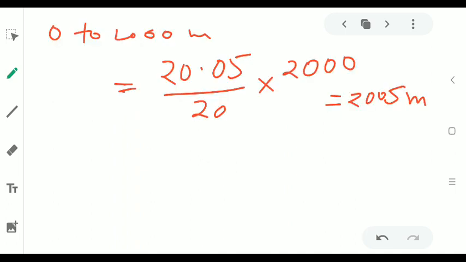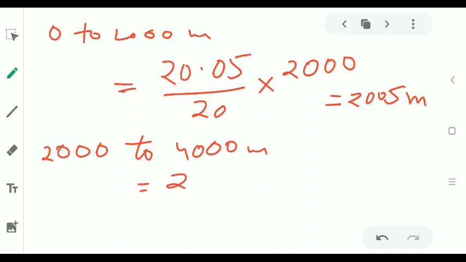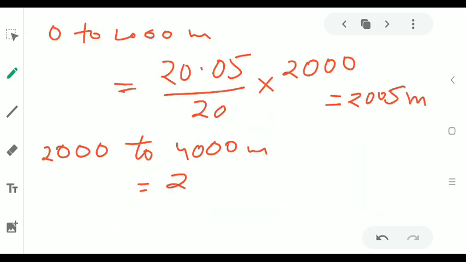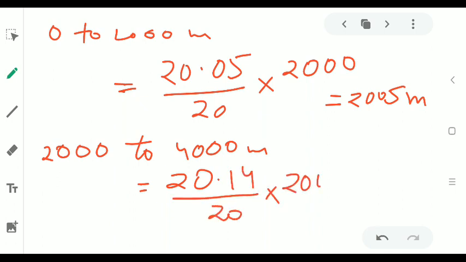Now taking the value from 2000 to 4000 meters, in this the incorrect distance is 18 centimeter to 14 centimeter too long, that is 14 centimeter too long, so that will be 20.14 divided by 20 into 2000, so that will be 2014 meter.